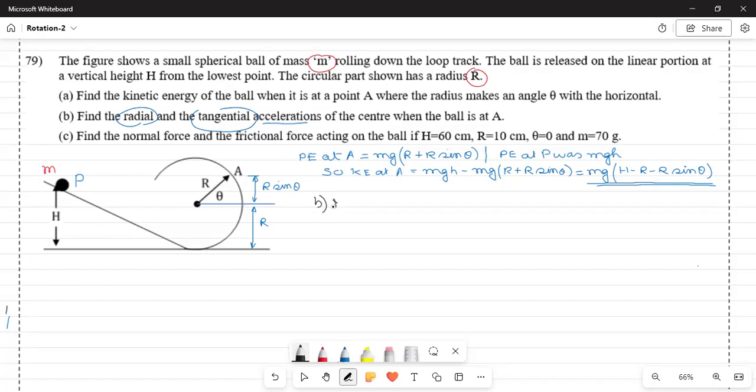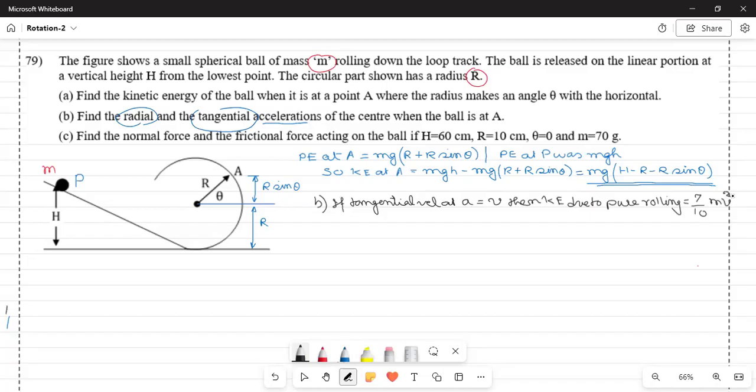If the tangential velocity at A is equal to V, then the kinetic energy due to pure rolling is equal to 7 by 10 mv square.